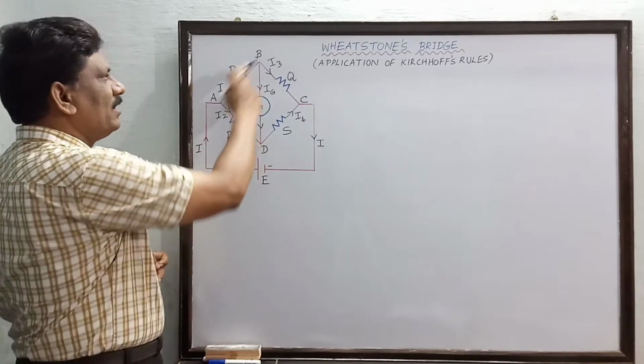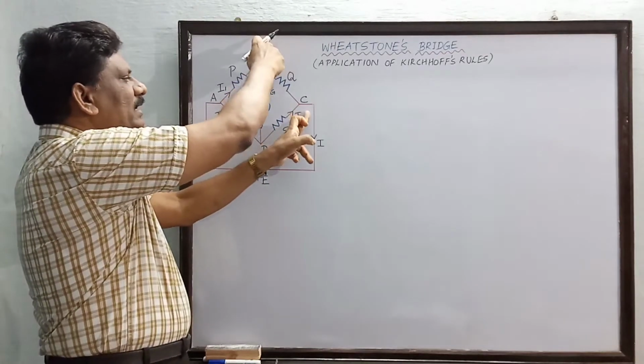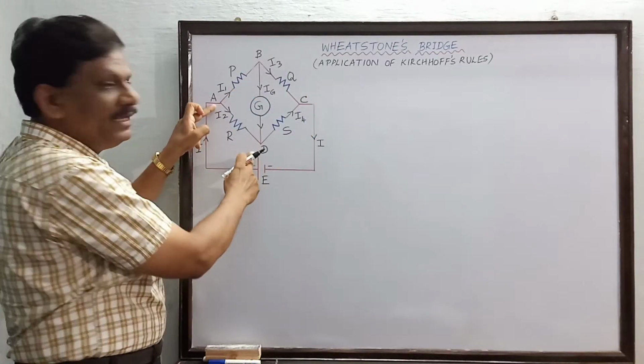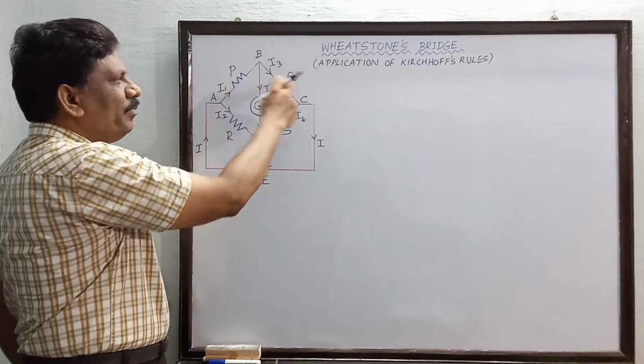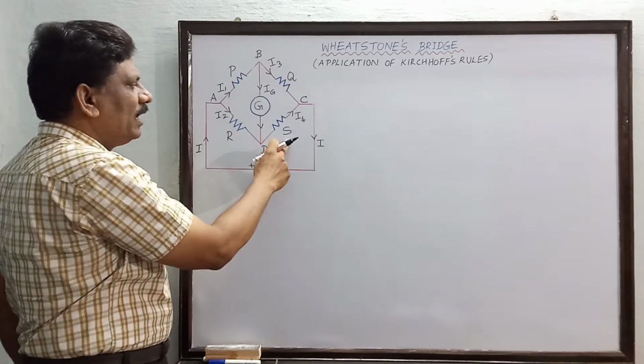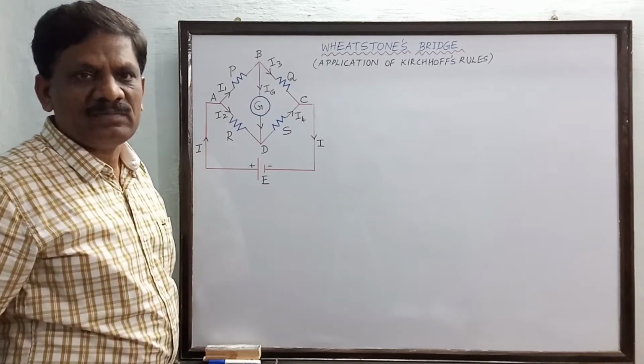It consists of 4 arms: AB, BC, CD and AD. So 4 resistors, respectively P, Q, R and S, are connected across the 4 arms.